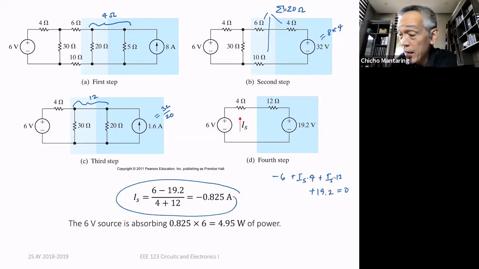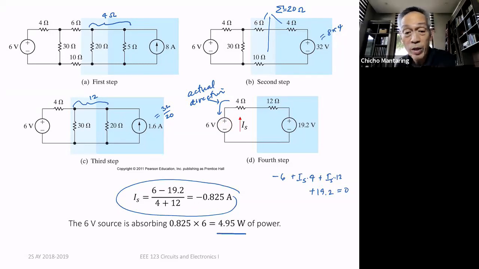Note that it is negative in value, meaning to say the actual direction of current is this way. So it's absorbing instead of delivering. And the amount of power that it is absorbing is 4.95 watts. Now that's 6 volts multiplied by 0.825 amperes.